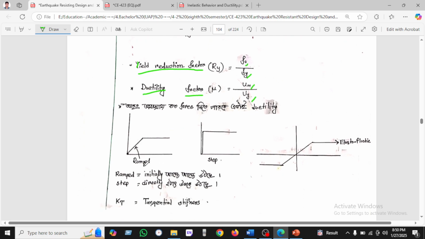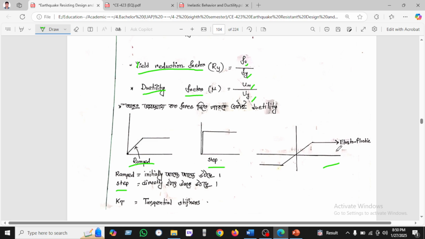So in another picture we have seen the ramp load, the step load, and the elastoplastic response. The ramp load initially increases linearly and slowly. On the other hand, the step load suddenly increases, and this goes plastically.